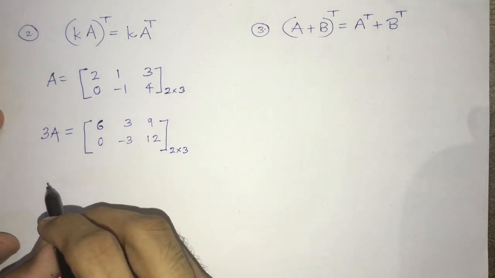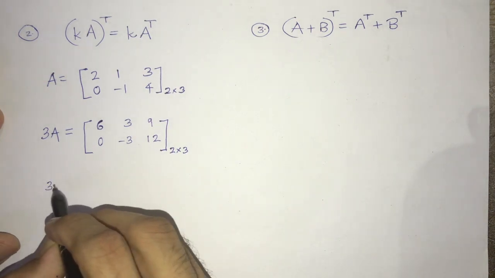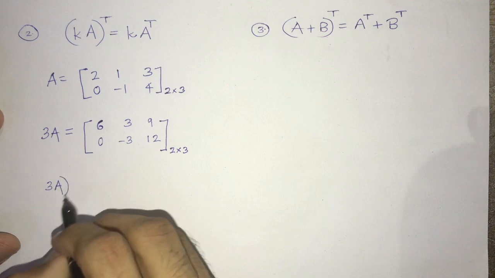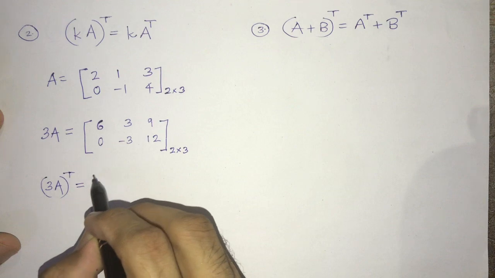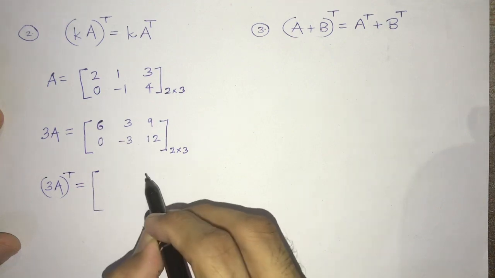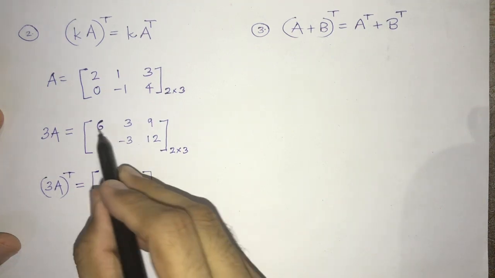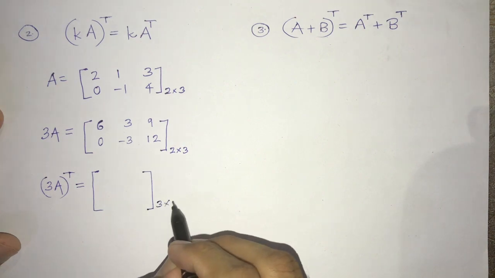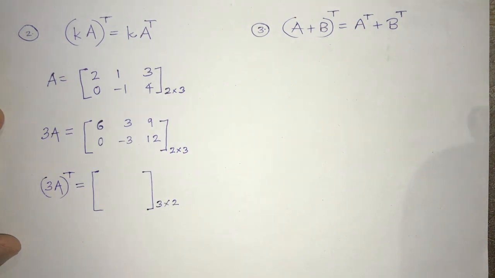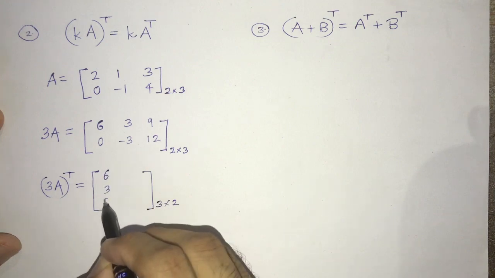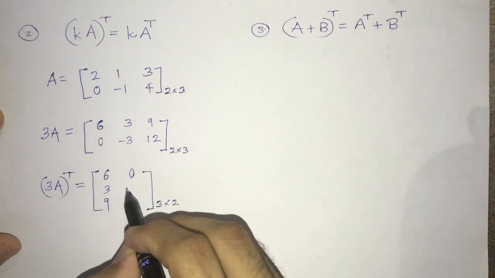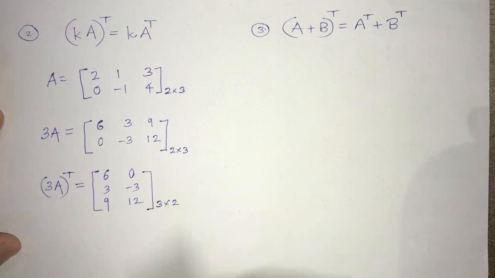And now we are going to take the transpose, the transpose of 3A. So what we get is 3 rows and 2 columns. First row will become first column, 6, 3, 9, 0, minus 3, 12.